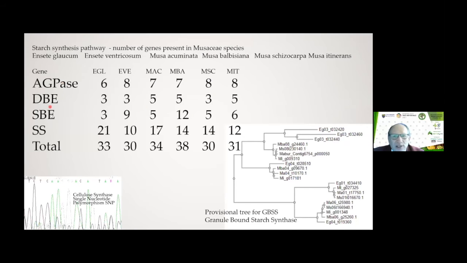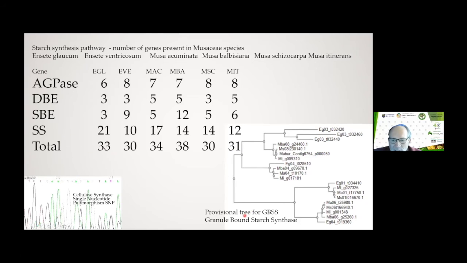Here's the number of genes present in an analysis that Manoj Biswas has done for the paper. Starch branching enzymes, starch synthase, and other branching enzyme, and AGP, glucose polymerase. And here we can see that there's actually a rather similar number of genes in all of those.